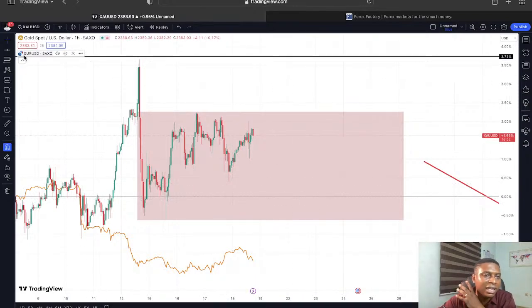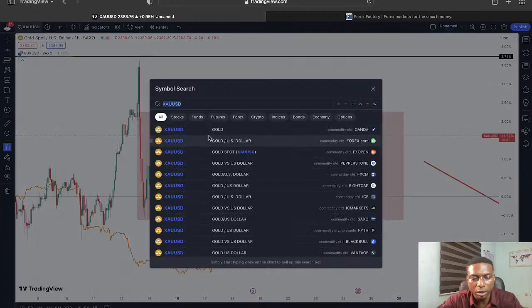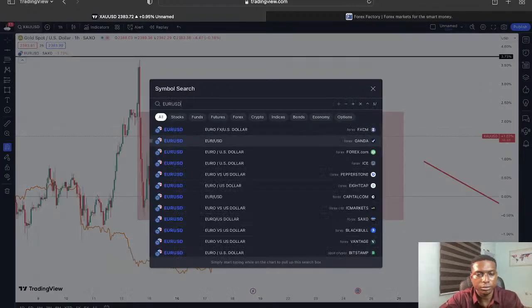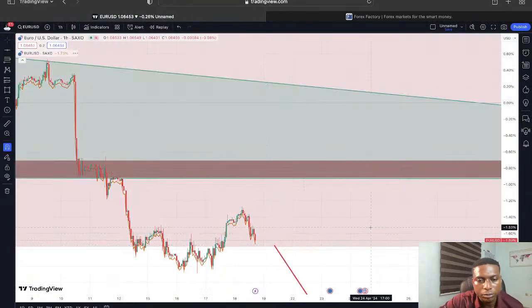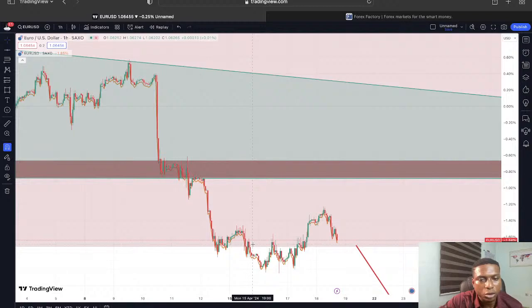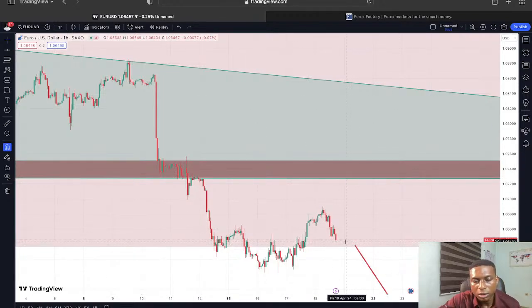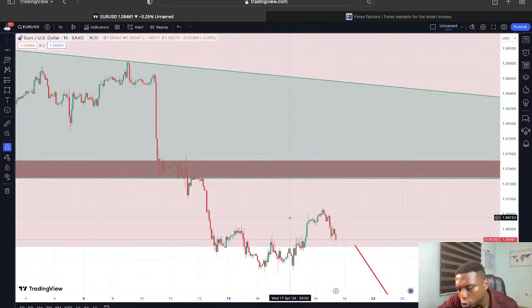Yes. So now let's go back to Euro USD. So as you can see now, on Euro USD, if there was a possibility of a retest, do you think there may be a retest at the triangle?